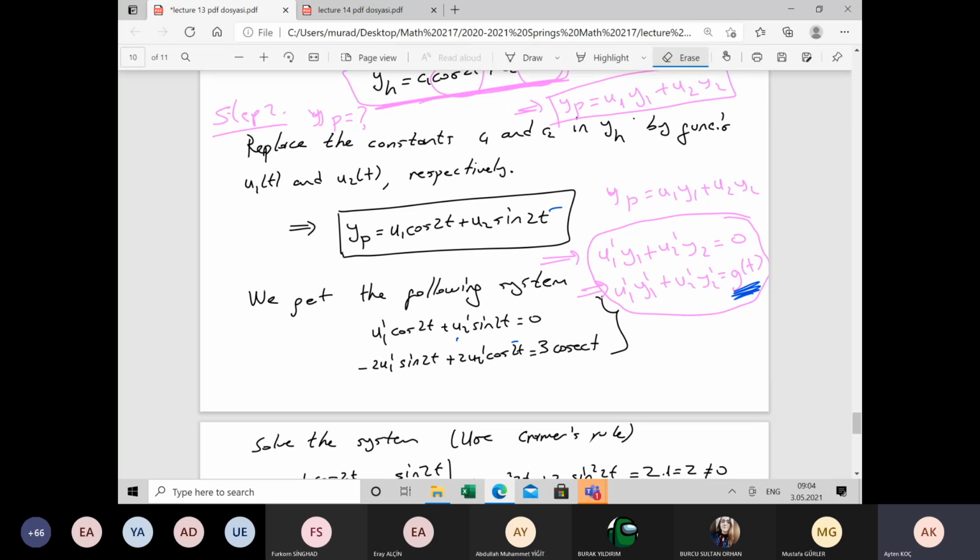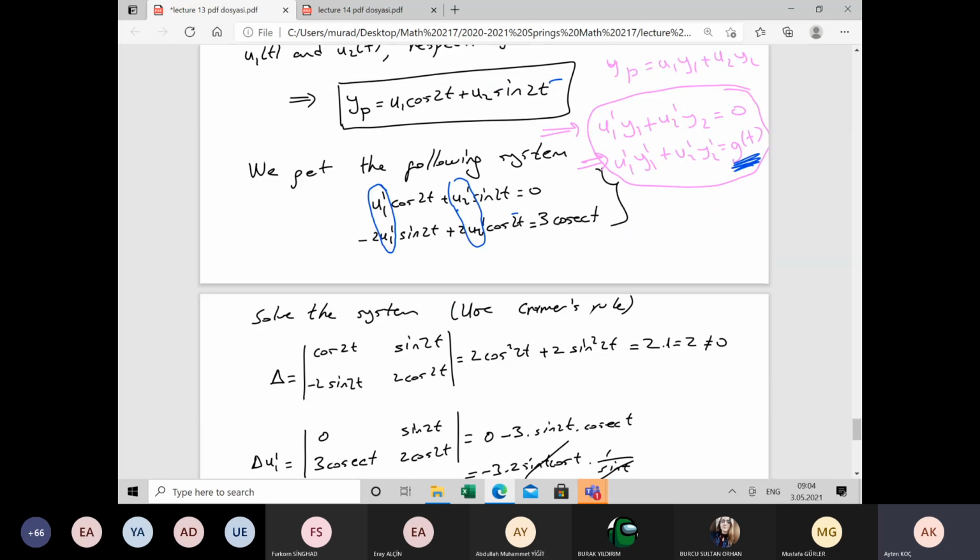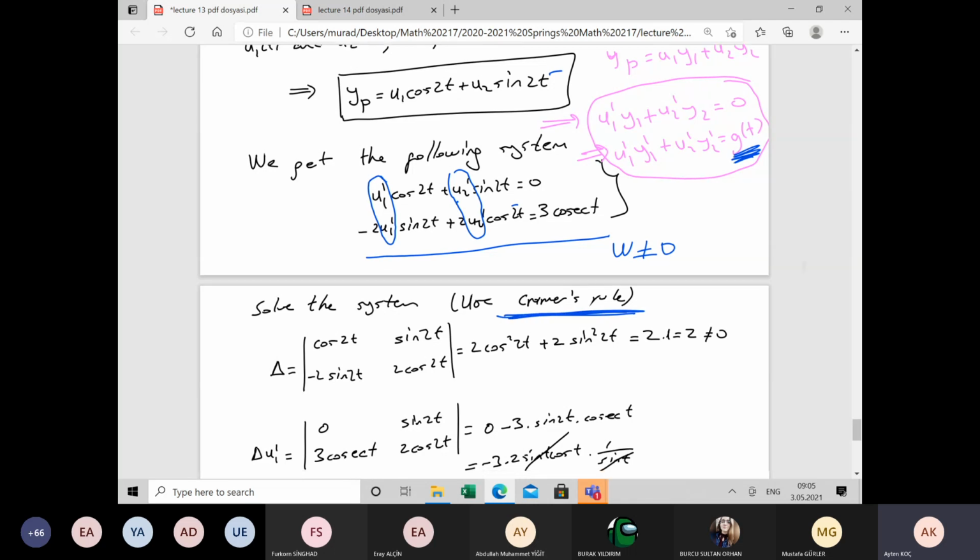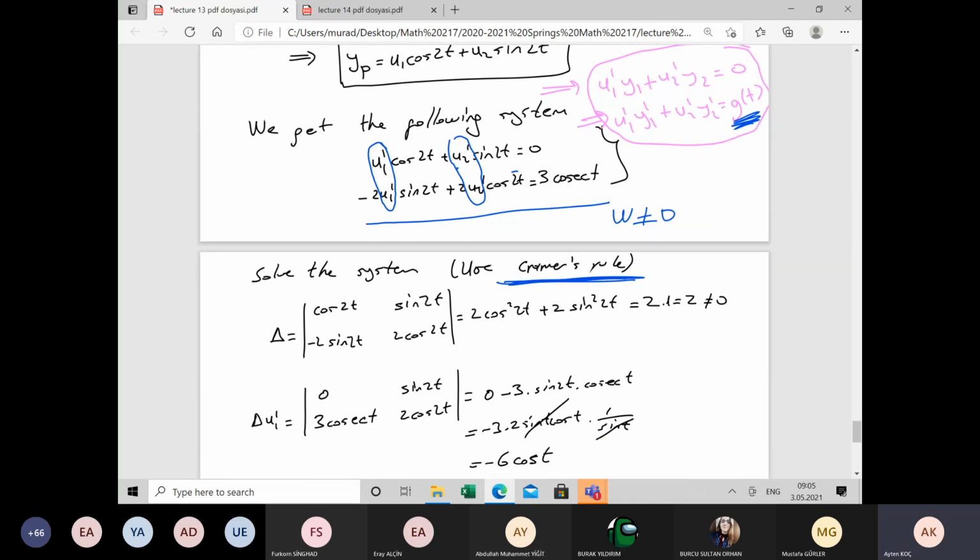Solve this system; it depends on you, choose the method. Here I use Cramer's rule, because we know the determinant of the coefficient matrix, the Wronskian, is not zero, because y sub 1 and y sub 2 are fundamental solutions. So let's use Cramer's rule to find U1 prime and U2 prime.